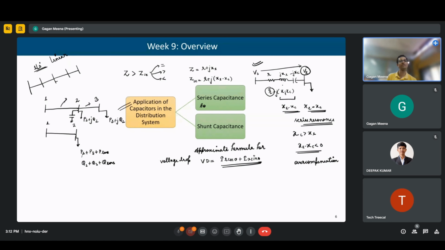So suppose this is node 1 and 2. If it is connected to this node 2, it will increase the voltage at only node 2, to increase the voltage at each node. This is the primary objective of using a series capacitance.